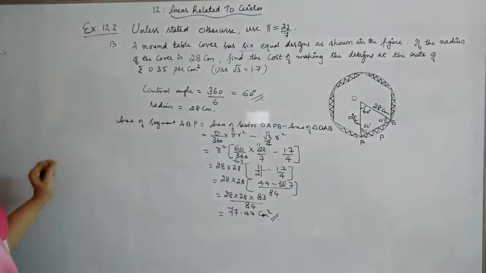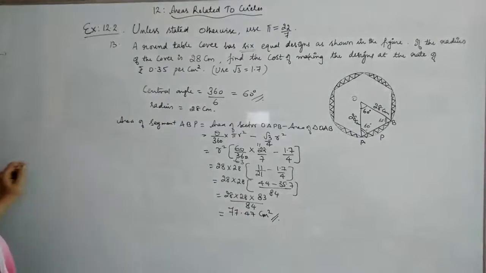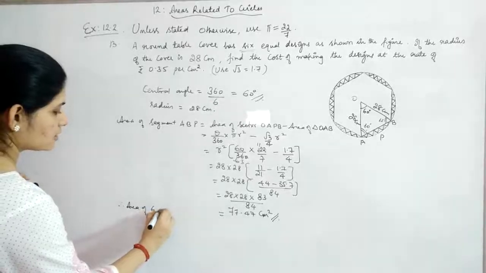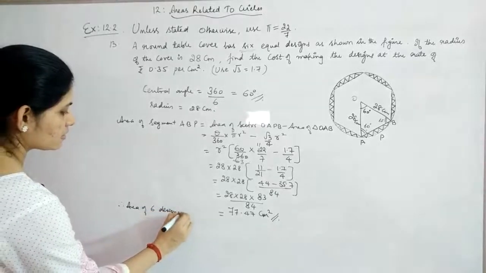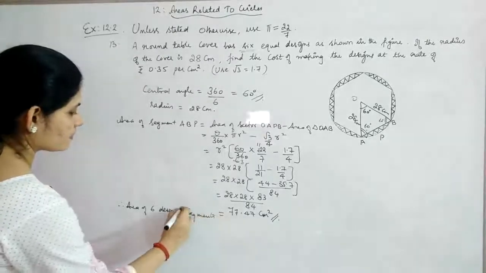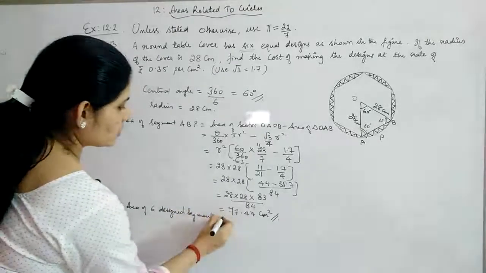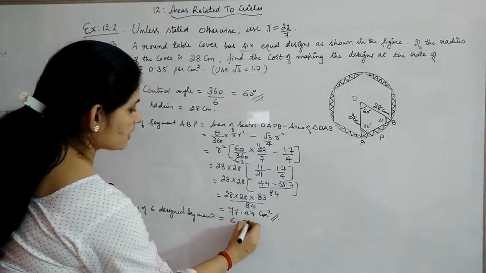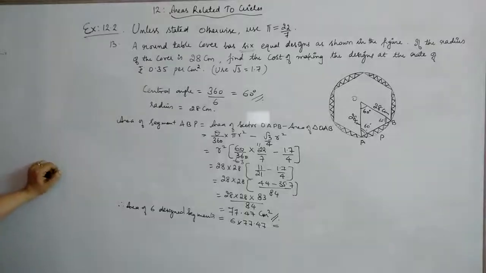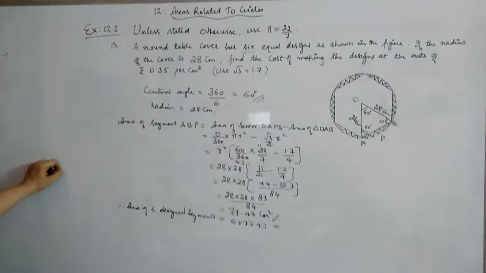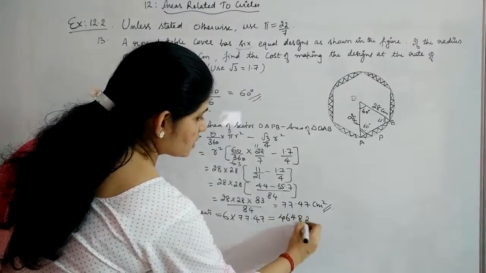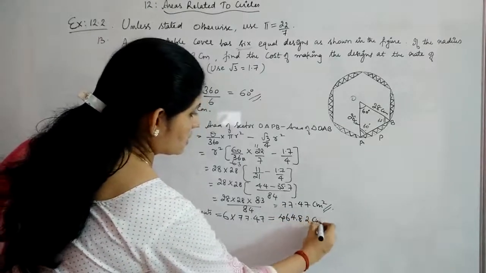So what will be the area of 6 designed segments like this? Therefore, the area of 6 designed segments will be equal to 6 into 77.47, and this will give you the value as 464.82 centimeter square.